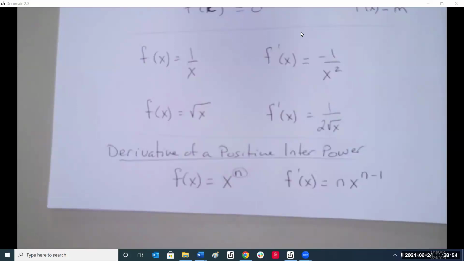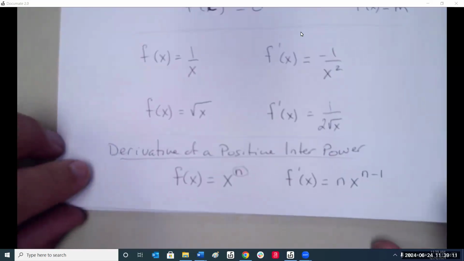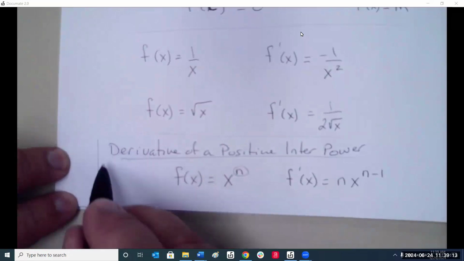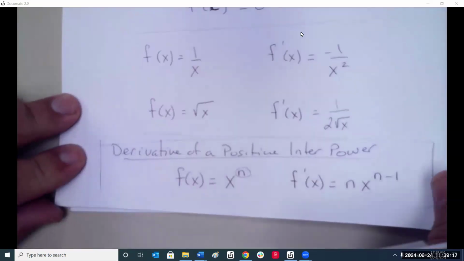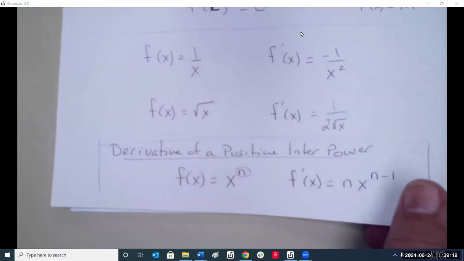So that's the power rule there. Look at the top, it's algebra. Don't use those. Those are algebra. Look at the very top. So this is the shortcut from now on. Whenever you have an exponent, just bring the exponent down in front, subtract by 1.